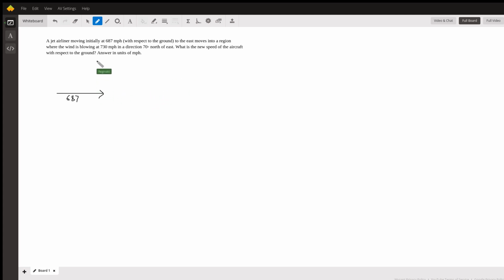Then he said a wind is blowing 730 miles per hour in the direction 70 degrees north of east. So if this is east, right, and this is north, imagine if I had a line that extends to the right. So if I'm talking north of east, it's going to come up like that, right? So this would be like 70 degrees.